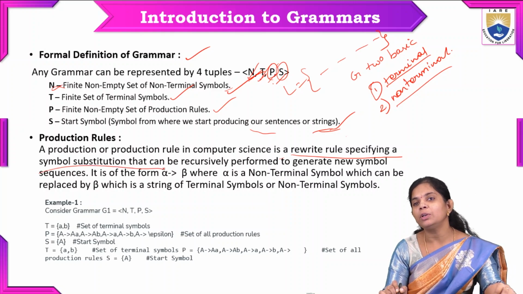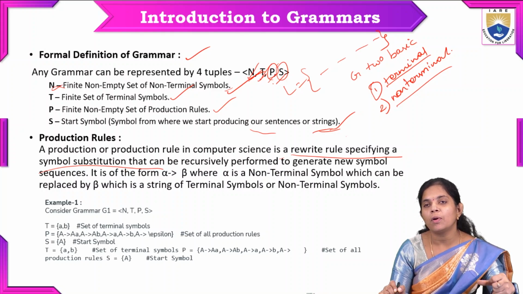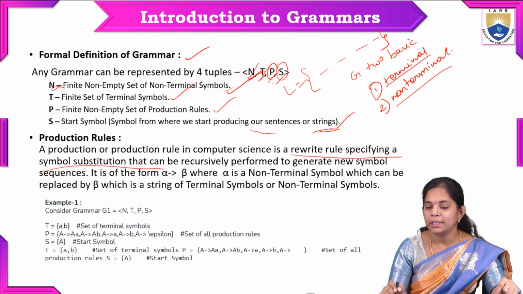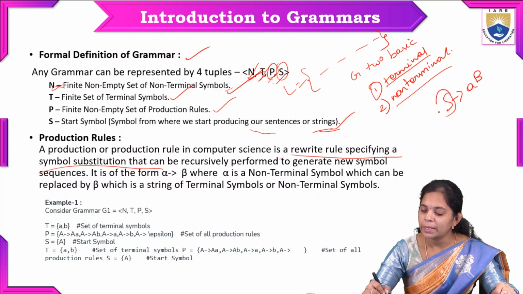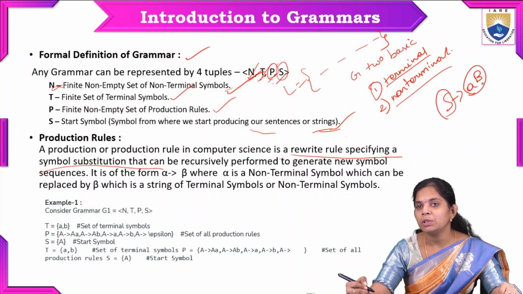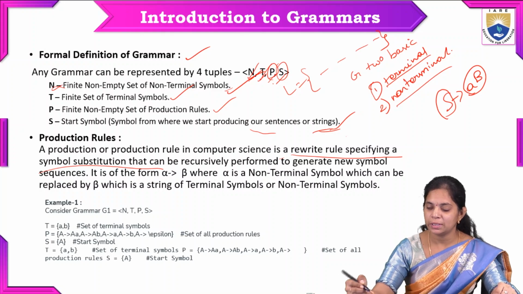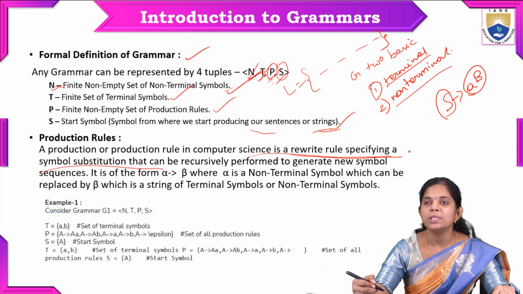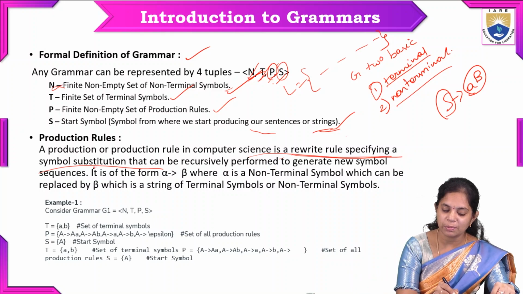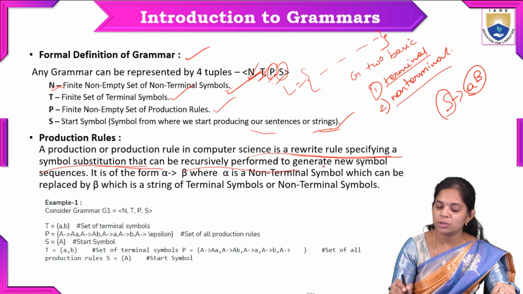Suppose S tends to ab is there; whenever S appears, we can write the value ab. This is what substitution means, and it can be recursively performed.